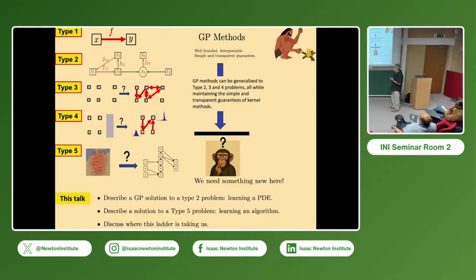And what I would like to do in this talk is to describe a Gaussian process solution to a type 2 problem, which is learning a PDE, and a solution to a type 5 problem, which is learning an algorithm. And I would also like to discuss a little bit where this complexity ladder is taking us, okay? And this is what got me both excited and worried. I'll tell you why.